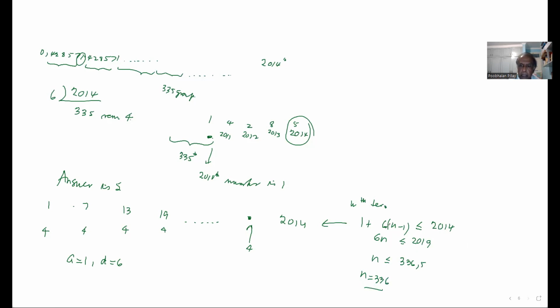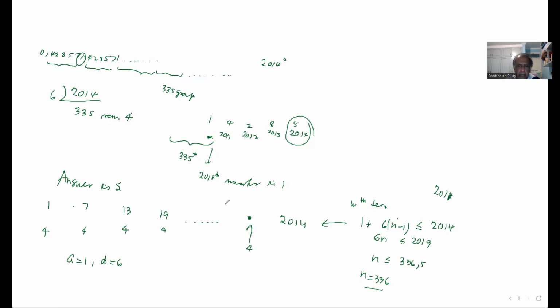Okay. So then when you work out n equals 336, or if you want, you can say the remainder when you divide by 6 is actually equal to 3. So the 2011th term, that's the remainder 3, that number there is in the sequence.